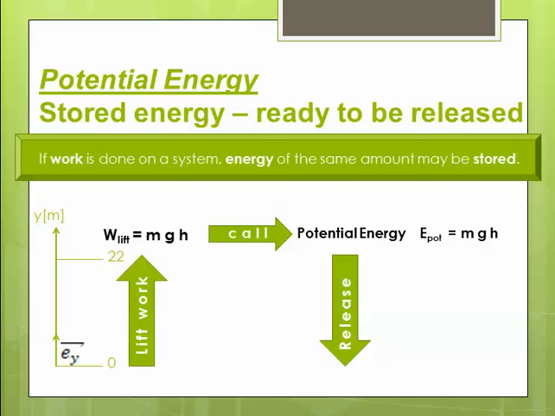We release it by dropping the body. If we drop the body from the height of 22 meters, the velocity increases. First it is zero, but then it becomes larger and larger until it's got a maximum velocity at height zero, just when it arrives.